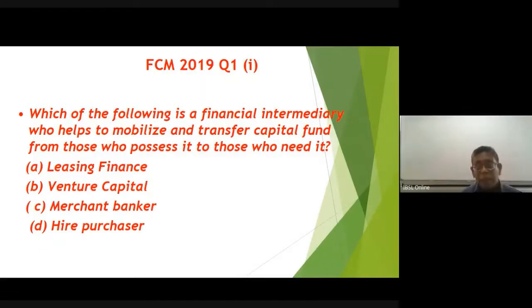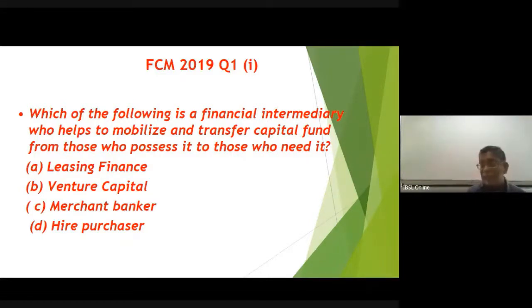Which of the following is a financial intermediary who helps to mobilize and transfer capital funds from those who possess it to those who need it? Right? Now look at it again. Which of the following is a financial intermediary?